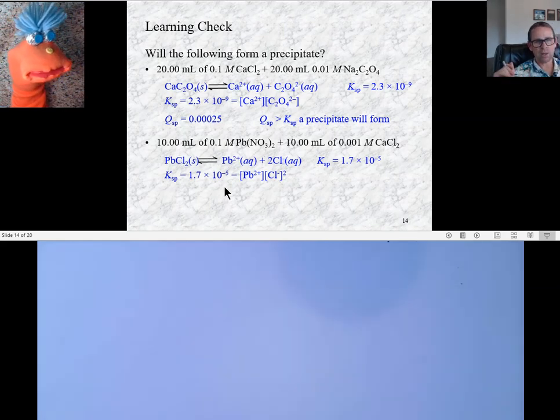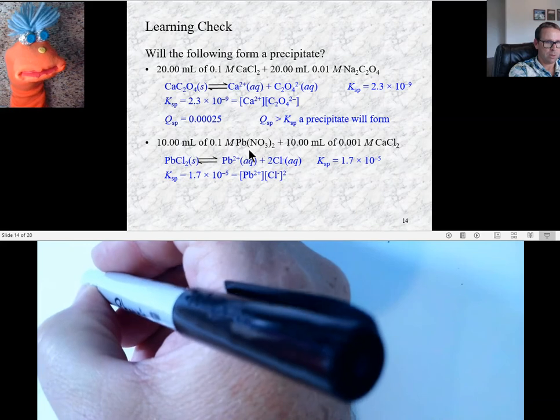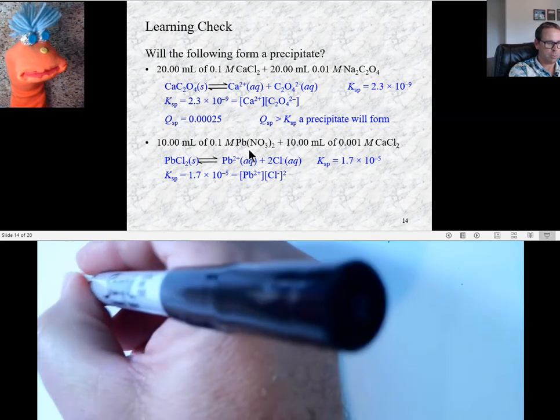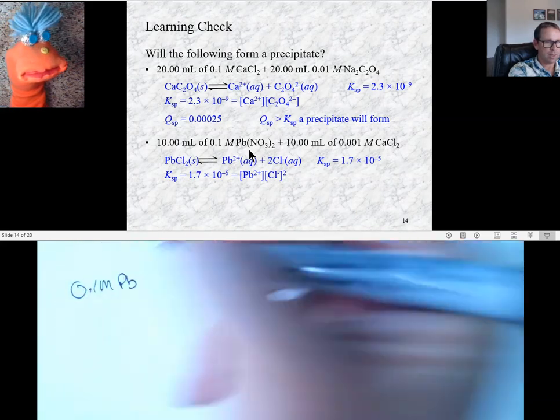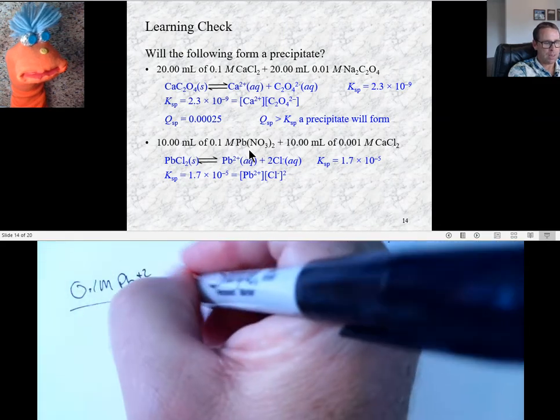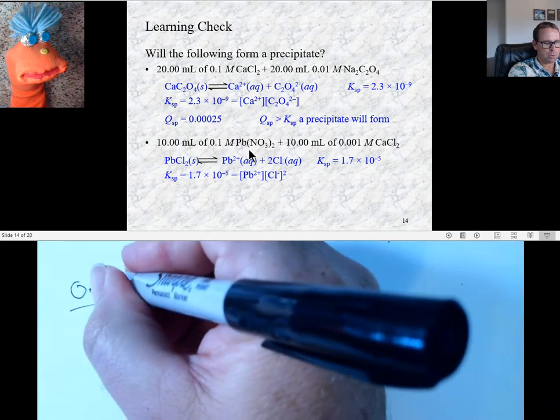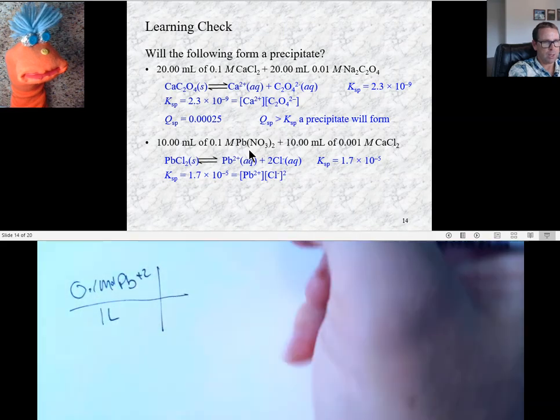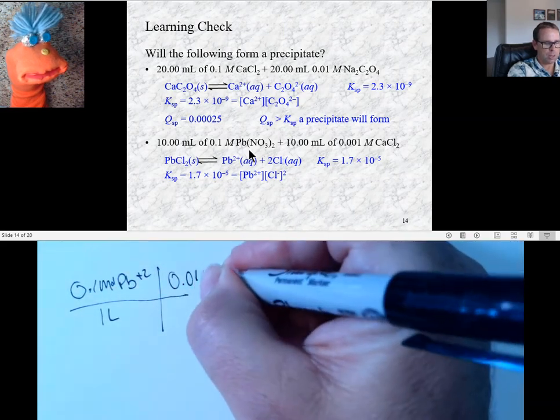All right, how do we find the concentration of the lead ion? That's 0.1 times 0.01, right? Very good. Let's write that out to explain if folks at home don't quite get it. It's 0.1 molar lead ion, which is 0.1 moles for every 1 liter. And I have 0.01 liters.